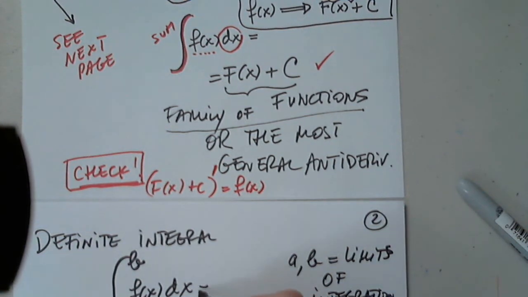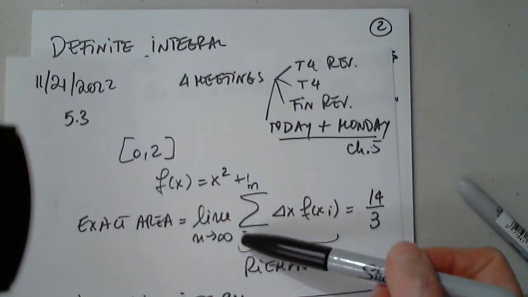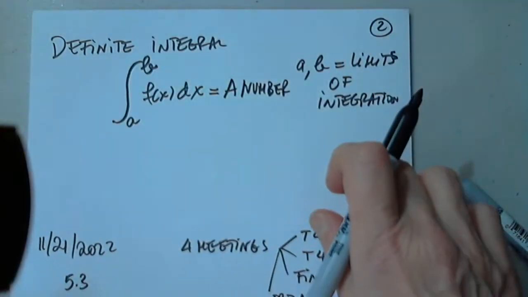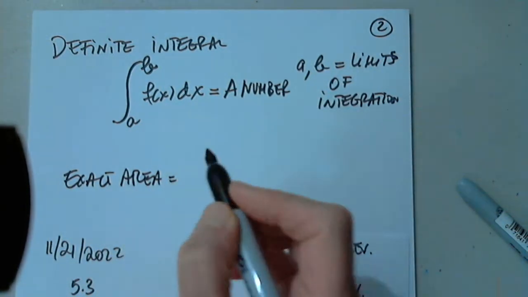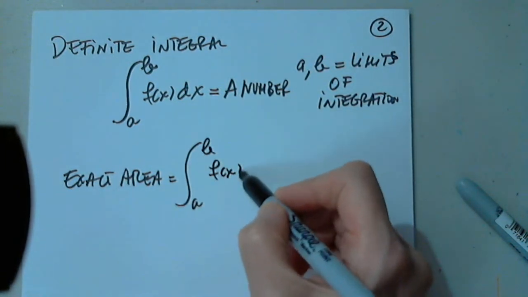However, the answer is a number. The answer is not a function. The answer is always a number. And this is the exact area or the limit of the Riemann sum. So now the exact area is the integral from a to b of f of x dx.